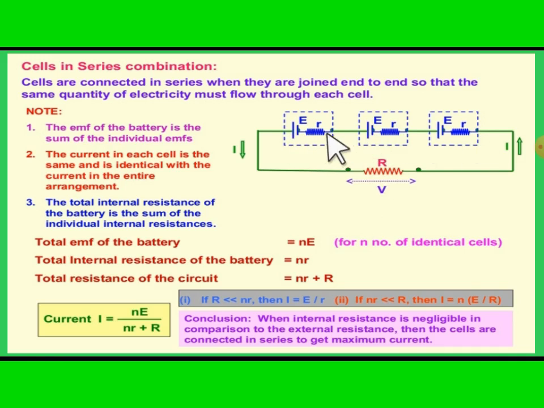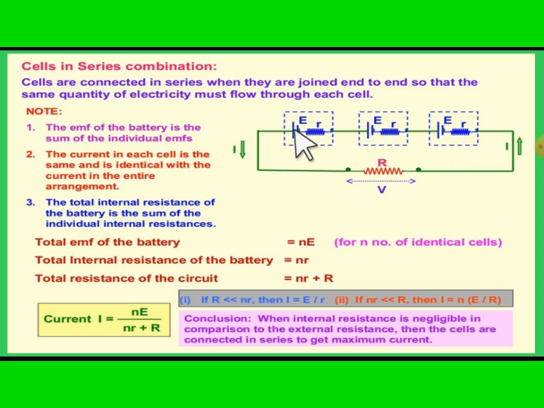E, E, E. Suppose these are taken as the same or similar cells whose EMFs are E, E, E, internal resistance also the same, small r, like that, then the total EMF will be equal to E1 plus E2 plus E3.